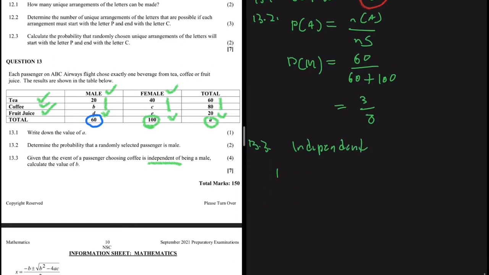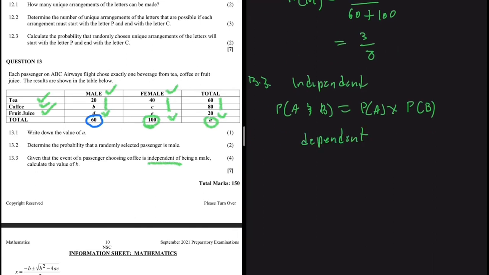then the probability of A and B will be equal to the probability of A multiplied by the probability of B. But then if the events are dependent, the probability of A and B will be given by the probability of A multiplied by the probability of B given A, right?